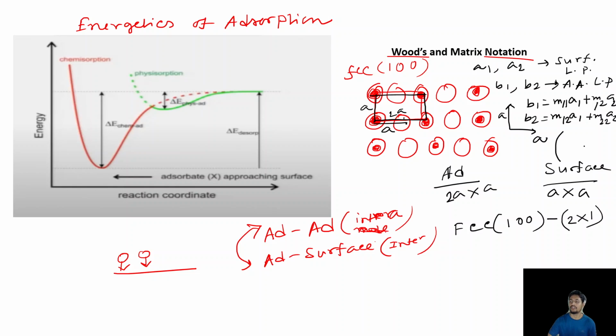So this matrix M11, M12, M21 and M22 is going to give us the matrix notation. Similarly, for FCC 100, we need to write FCC 100, then this. This is going to give us the matrix notation.